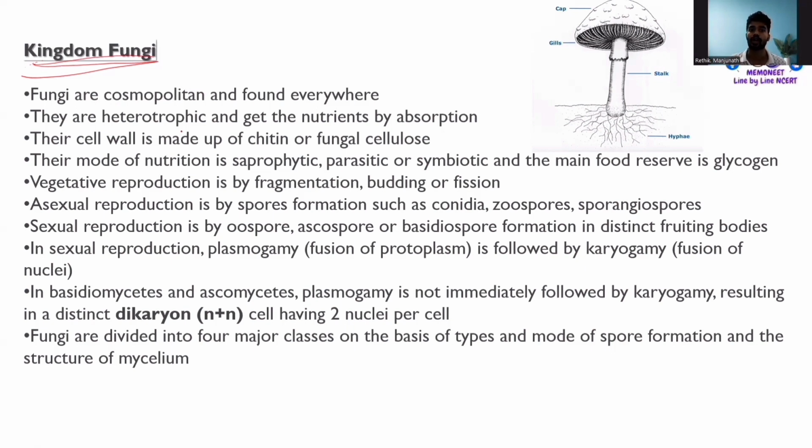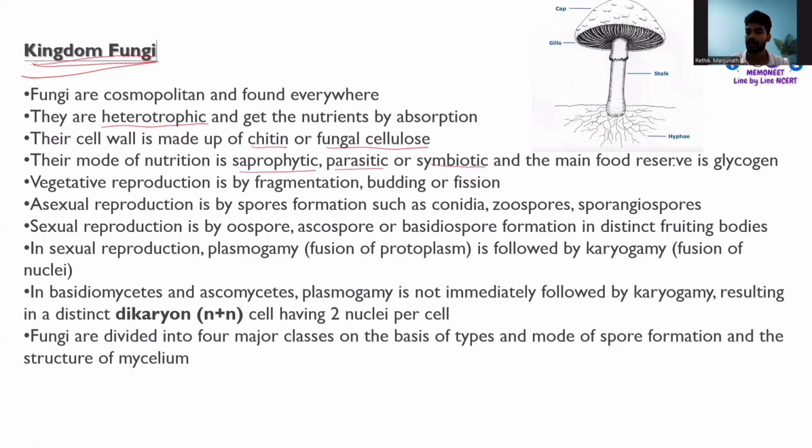They are heterotrophic and get nutrients by absorption. Heterotrophic means they depend on other organisms for their food. Their cell wall is made up of chitin or fungal cellulose. They follow a saprophytic, parasitic, or symbiotic mode of nutrition.